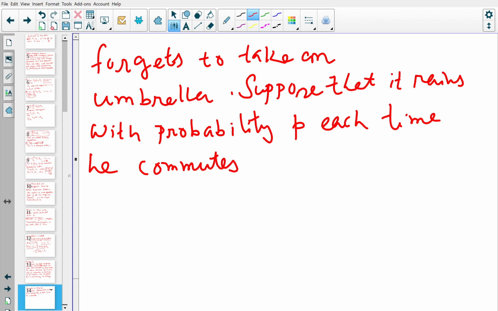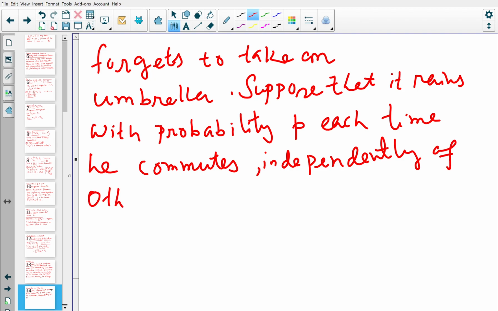Okay, each time when he is going to office from home or going to home from office, it has a probability P of raining. Okay, independently, whether it happened last time or not, independently of other times. Okay, this is given.